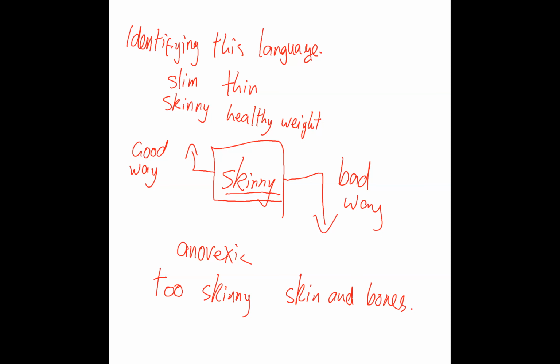This is why it's so important to be able to identify this type of language, because if you can identify this language when you're reading a piece of text, you can tell how the author wants to persuade you to feel.